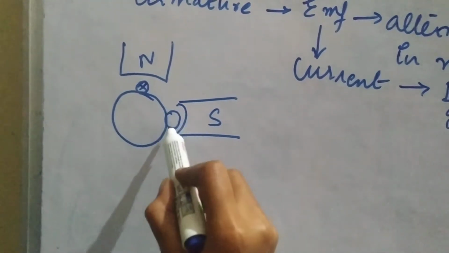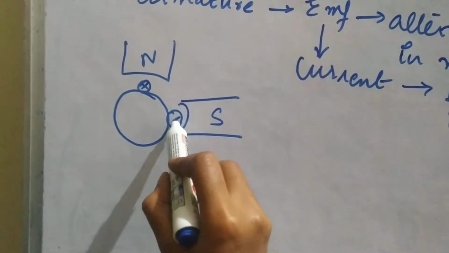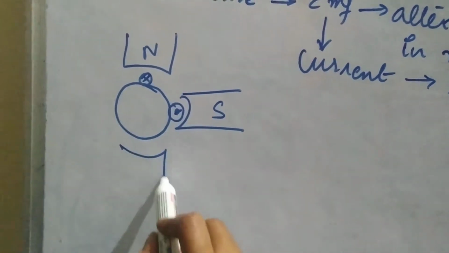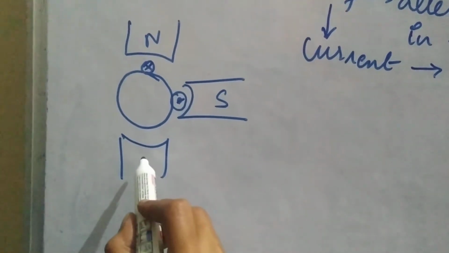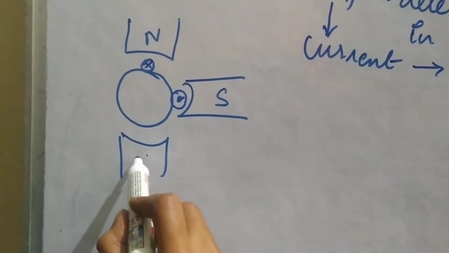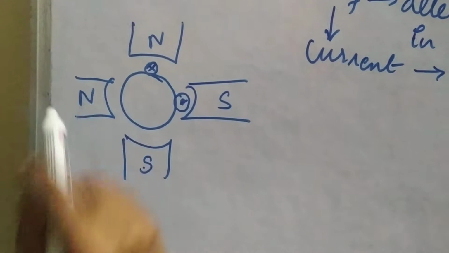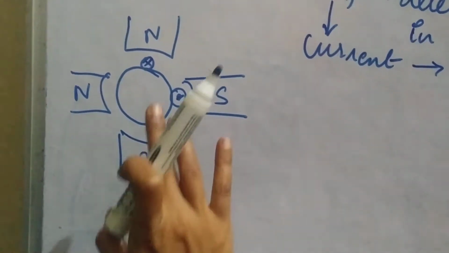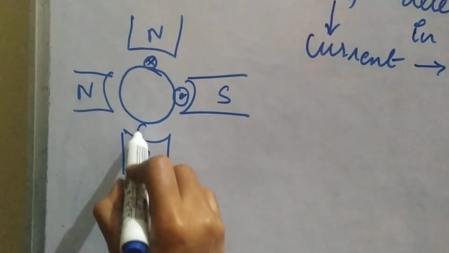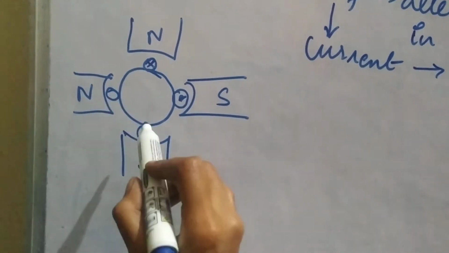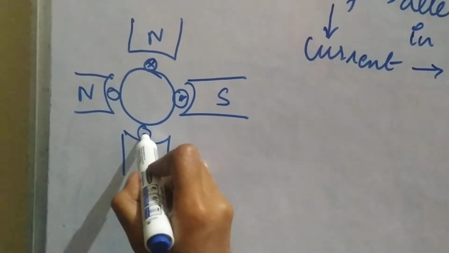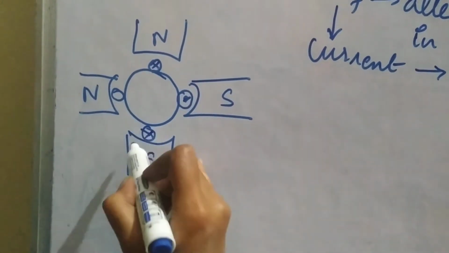Similarly, one conductor which is under the south pole is in the dot convention. Here also you can find that the direction of the conductor will be in a different way.